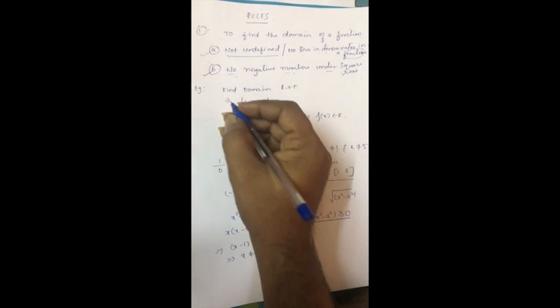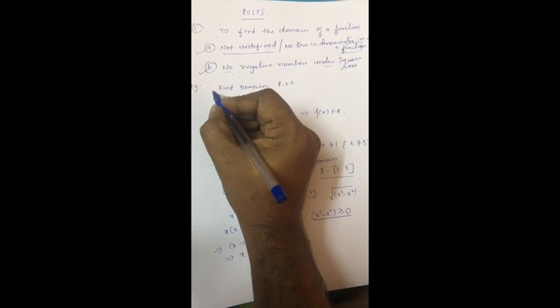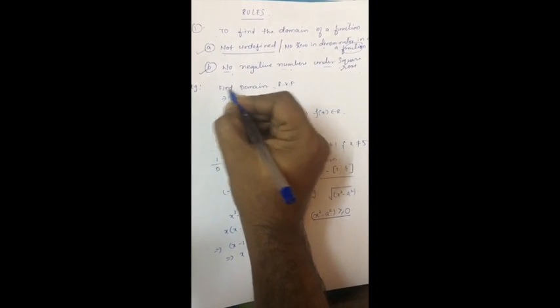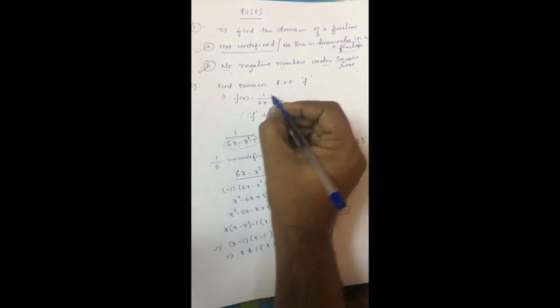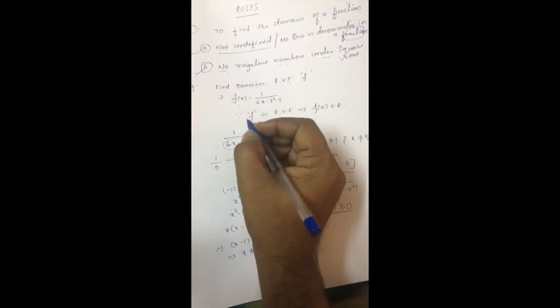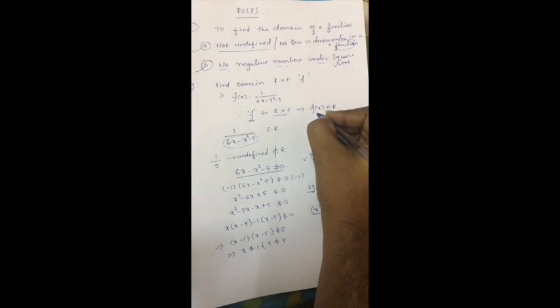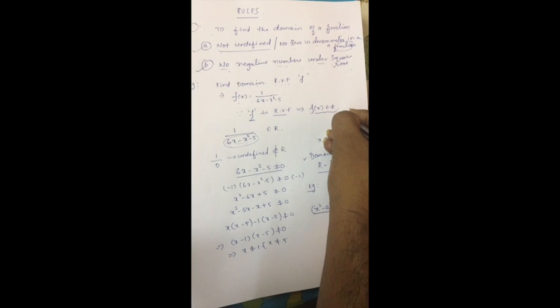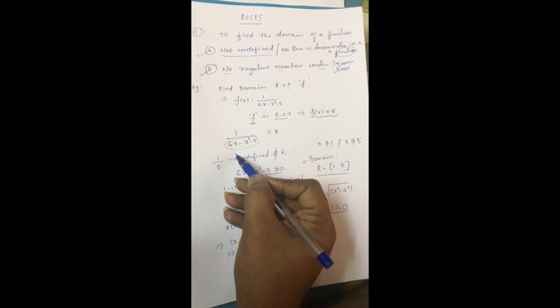Let's take an example and you will understand it better. The question is, find the domain of a real valued function f such that f of x is equal to 1 by 6x minus x square minus 5. Now we know that if f is a real valued function, then f of x belongs to R. So what is f of x? 1 by 6x minus x square minus 5.